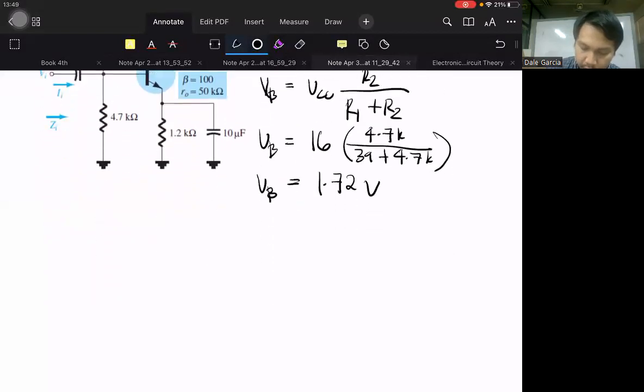It's VB. Then VB will be used to solve for VE. VE is VB minus VBE.